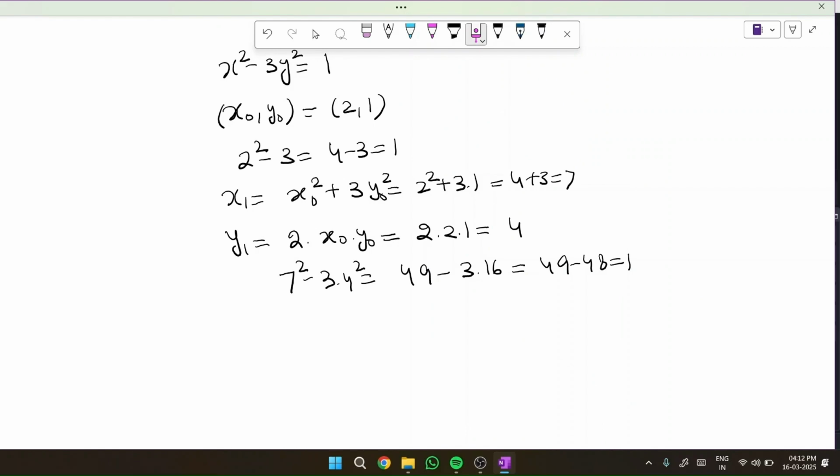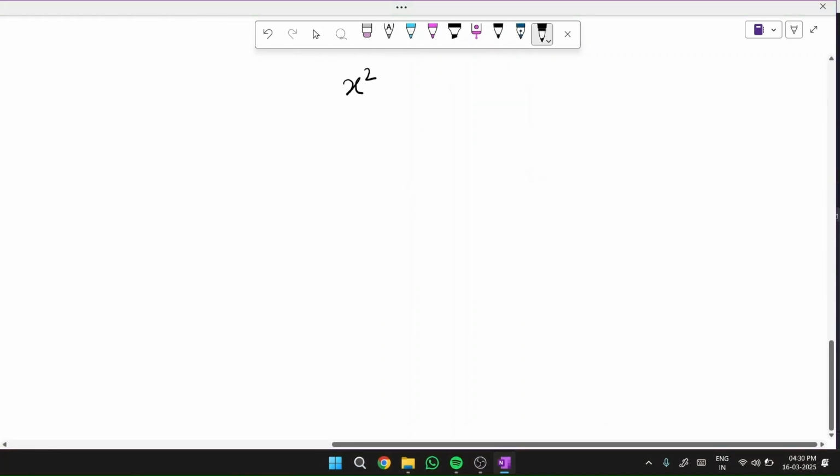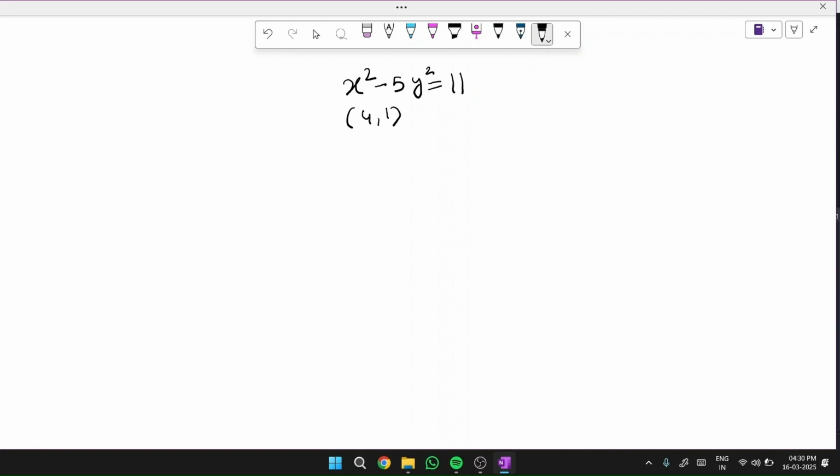So we have taken examples where p is 1. Let's take another example where p is not 1 but something else. x² − 5y² = 11. We can easily check that (4, 1) works here: 4² − 5·1 = 16 − 5 = 11.